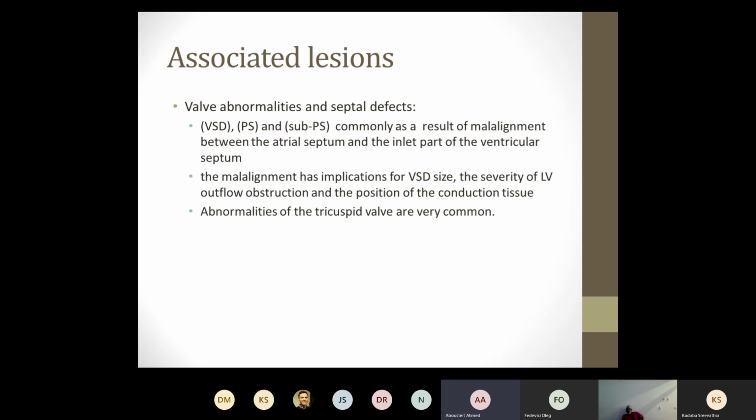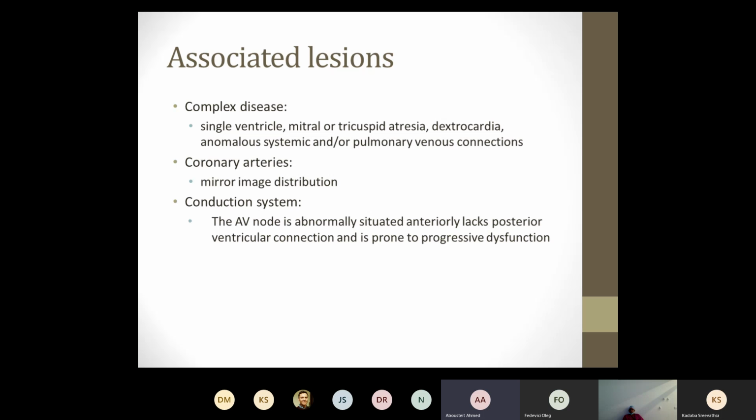The tricuspid valve is commonly affected. It can be an isolated congenitally corrected TGA, but this is not very common, and it usually comes with something else. So it can be with a single ventricle, mitral or tricuspid atresia, dextrocardia, anomalous systemic and pulmonary venous connections.